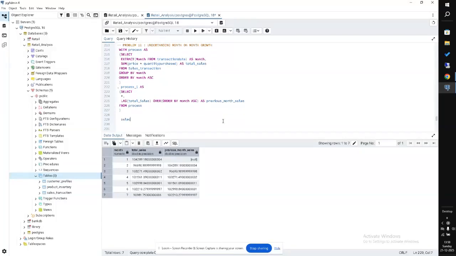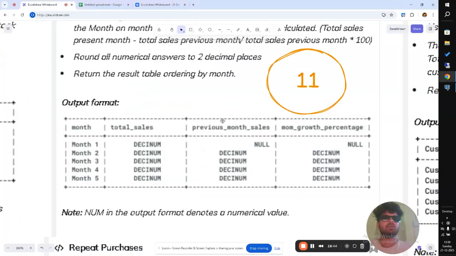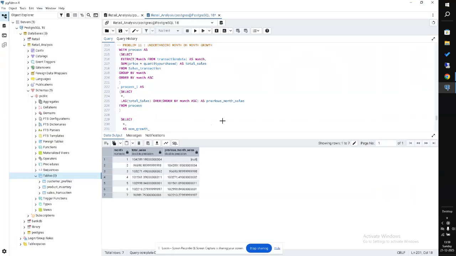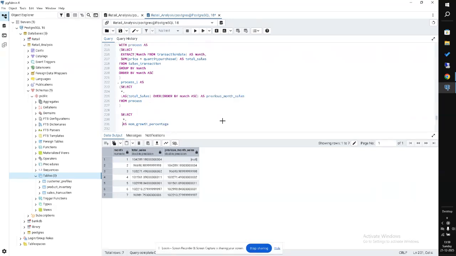Here, select star, month on month growth percentage. How do we calculate it?